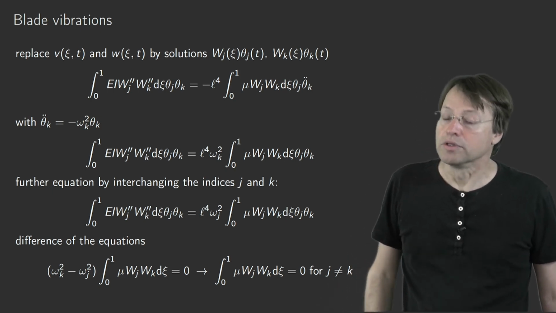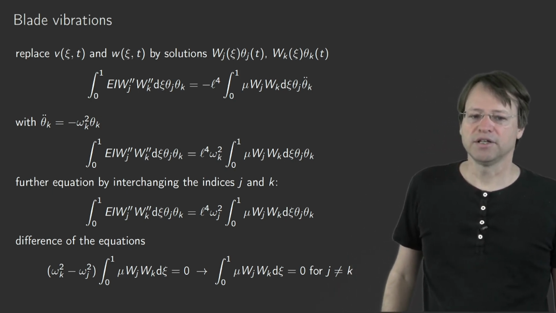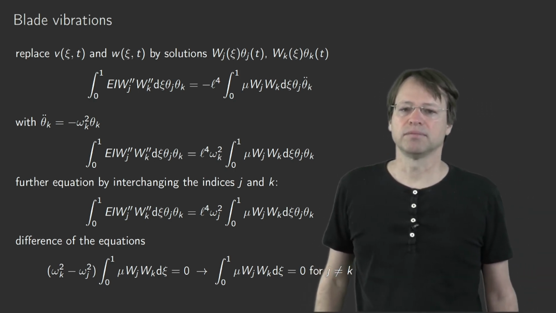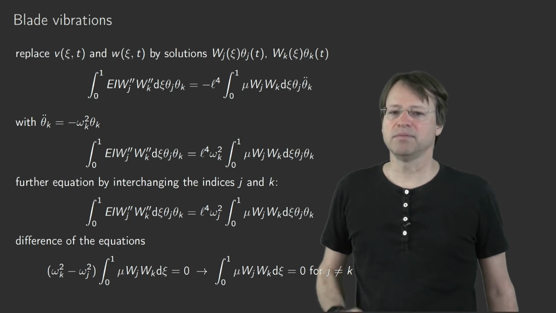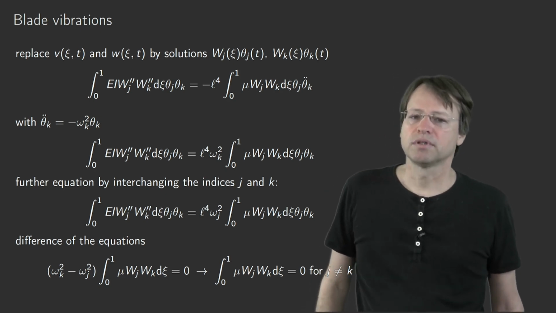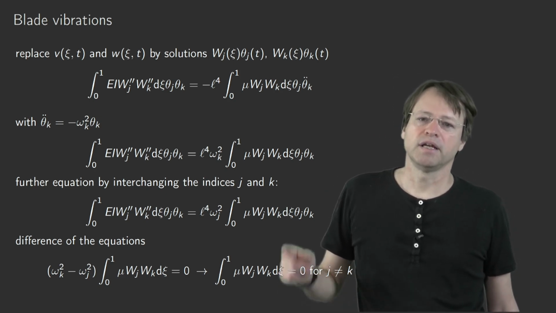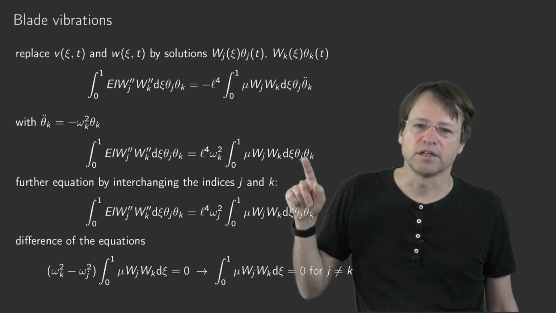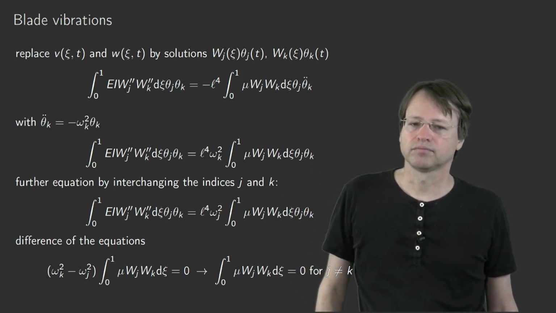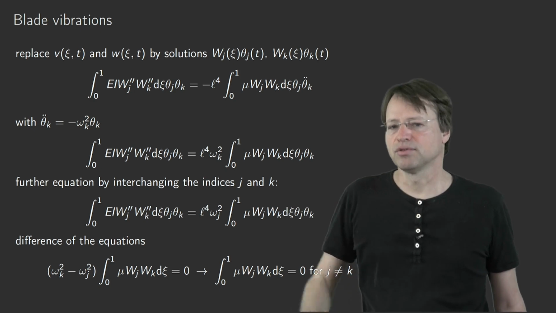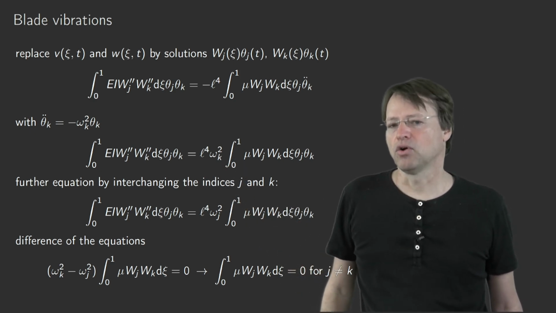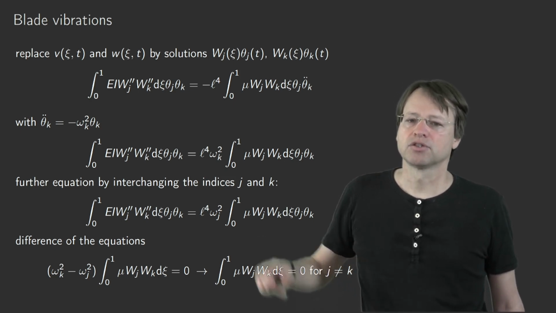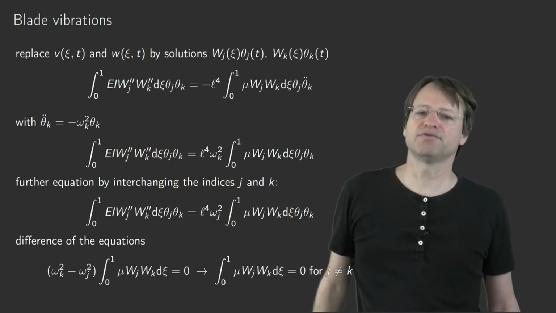And that's not the only orthogonality relationship you can obtain for that problem. You could do the same, but with a different role. Namely, if you look at that equation once again, no one prevents you from dividing the equation by omega k squared, so that the omega k moves to the left-hand side.